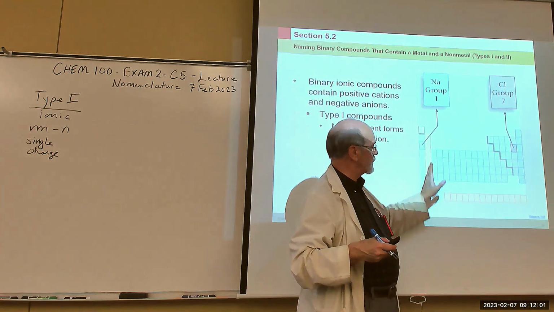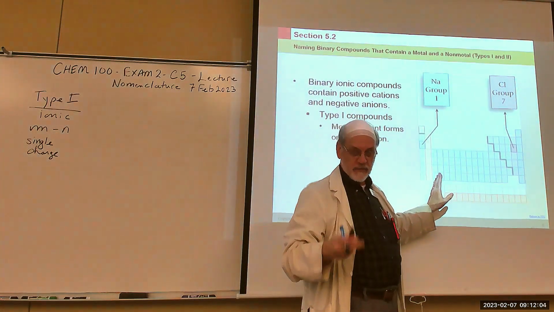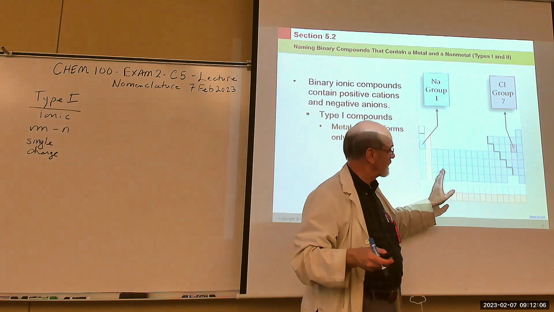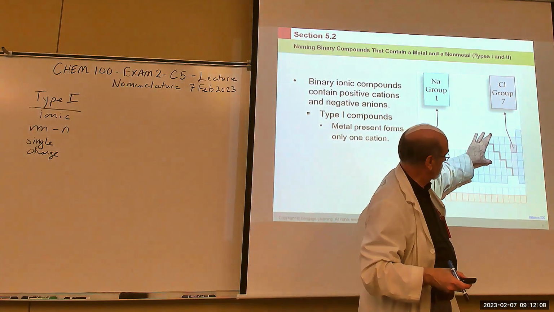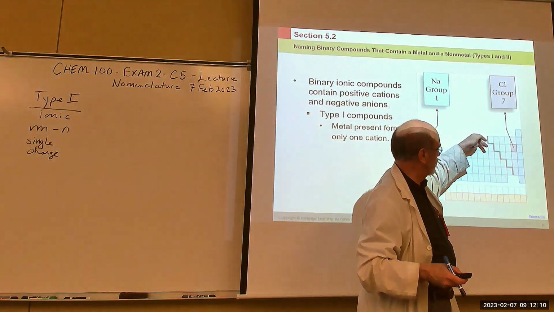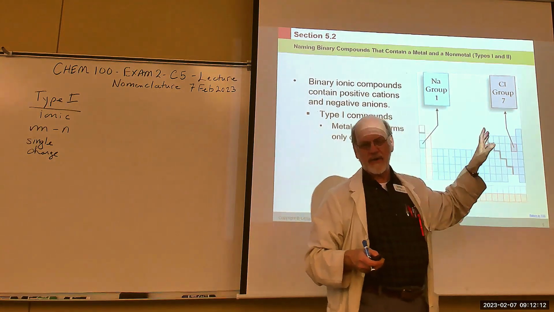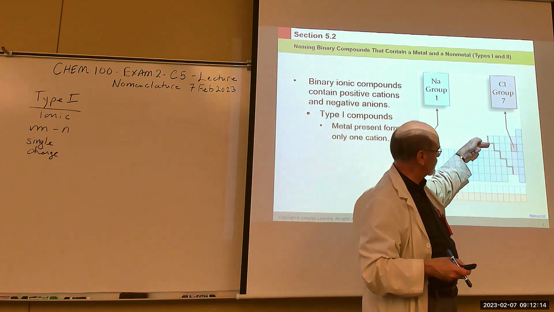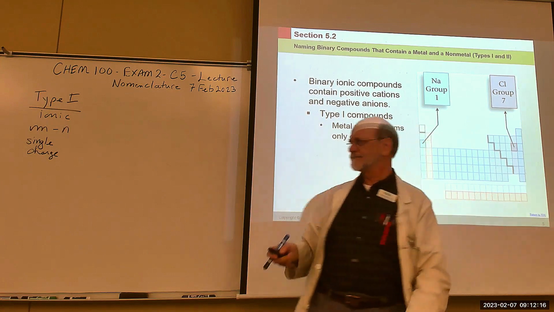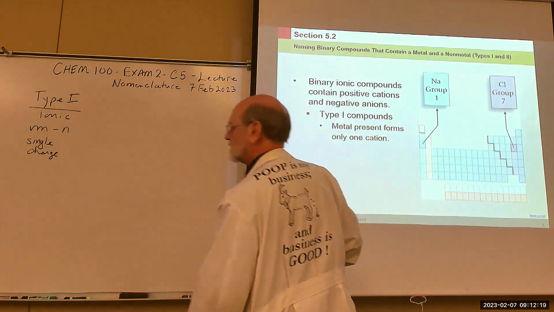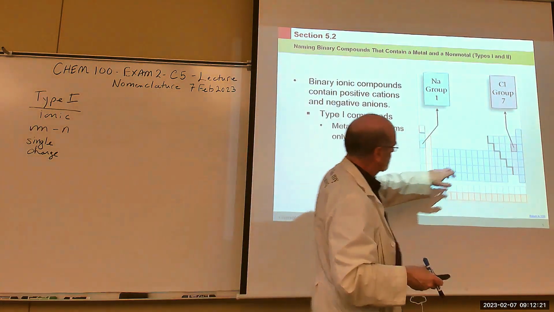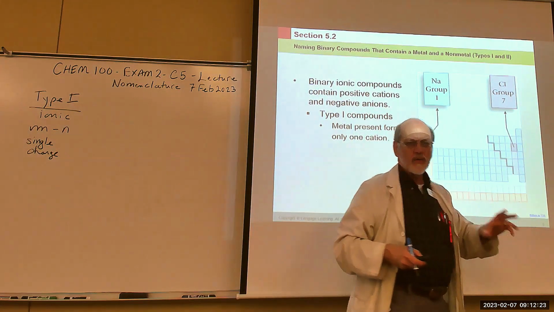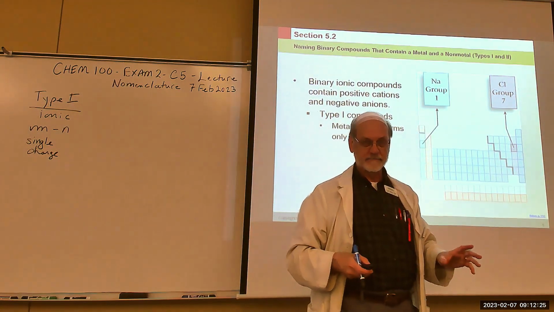The alkaline earth, second column, always have a +2 charge. Of these first 4 here, boron, aluminum, well, we're going to leave boron out because it's a nonmetal. So the metal part, aluminum, gallium and indium. Aluminum, gallium, and indium always have a +3 charge.